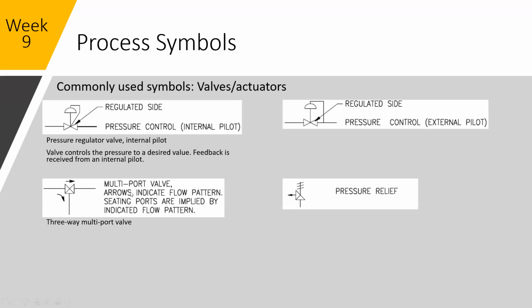So this would be an example of a multi-port valve. It might look like this is a square, but it's actually 3 triangles. Remember, we've got the 2 triangles here for a valve. Here we've got a third one to show that you could have multiple paths of water, but the arrows show flow. So for this valve, we have one process line that feeds 2 possible outputs.